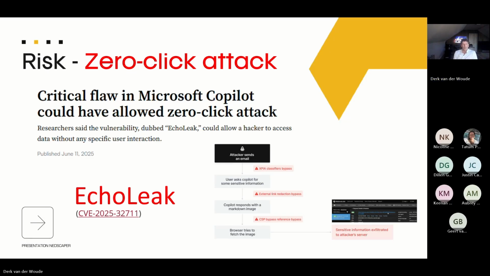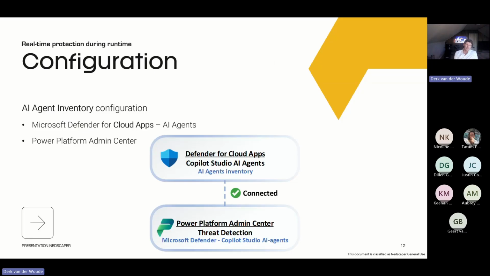To set up the configuration, you need Defender for Cloud Apps and the Power Platform Admin Center. This setup is quite straightforward. You just enable it in Defender for Cloud Apps, and I saw that it's available as we speak if you enable preview features, and you need to enable it in the Power Platform Admin Center. If it's enabled, we'll go a little bit deeper in the portals later on.